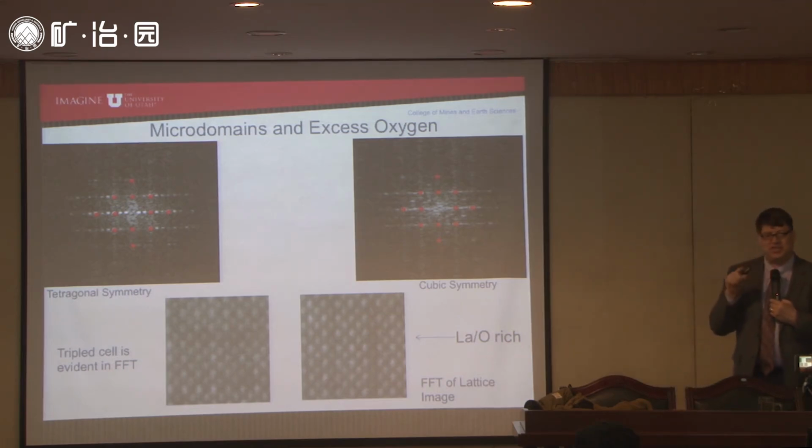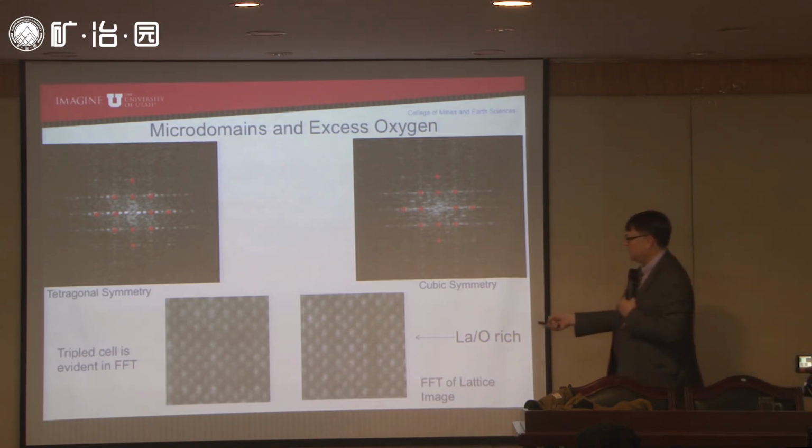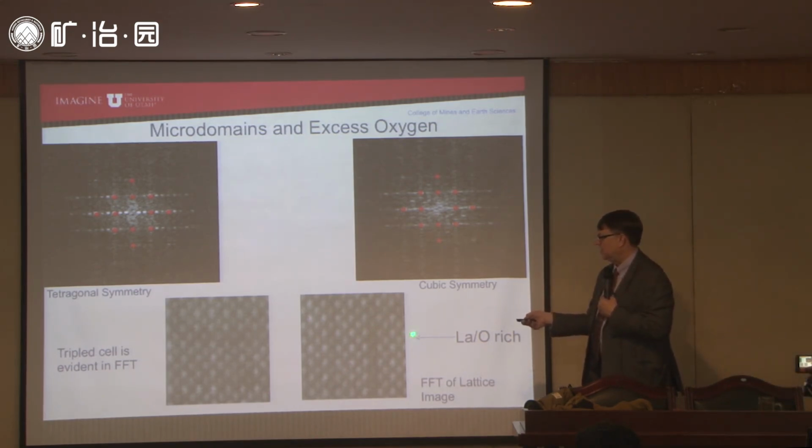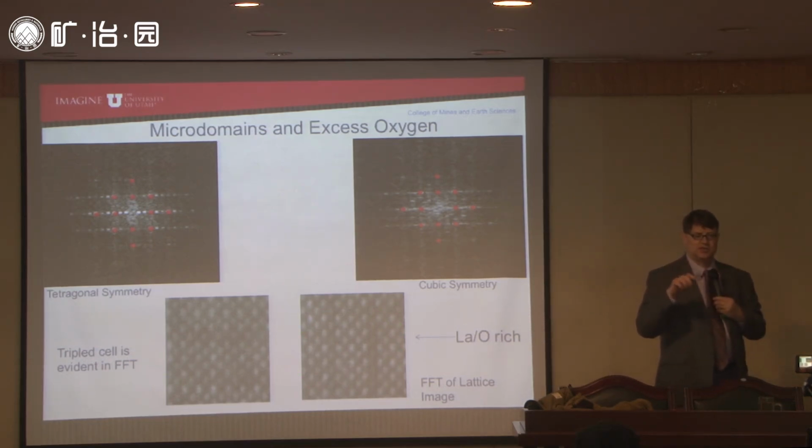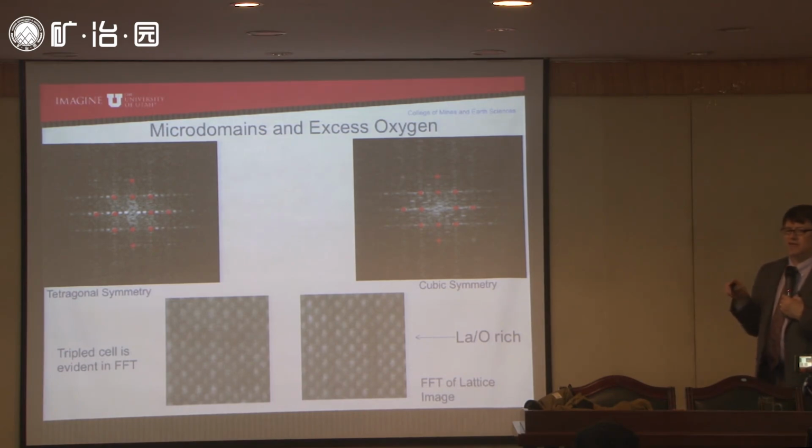One of the things that we did was, you can't really do typical electron diffraction on a region like this because it's too small to get a diffraction pattern from traditional TEM work.